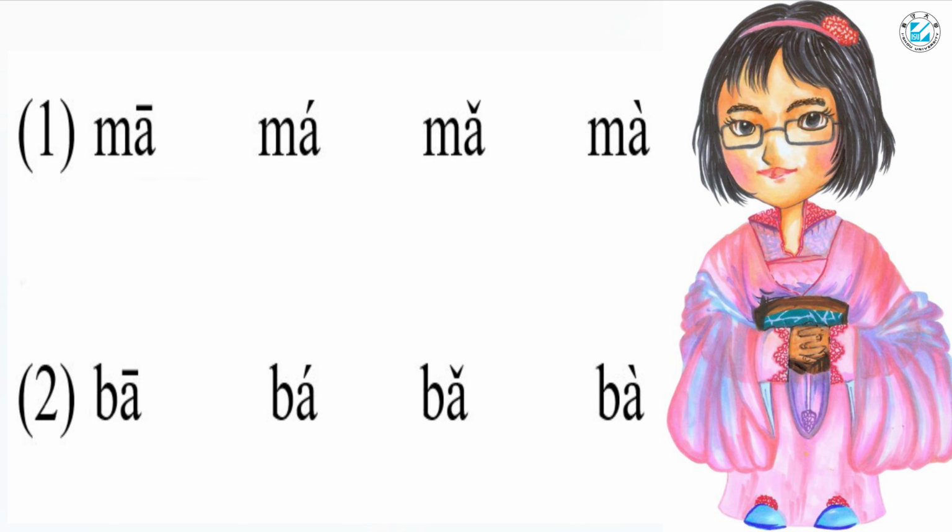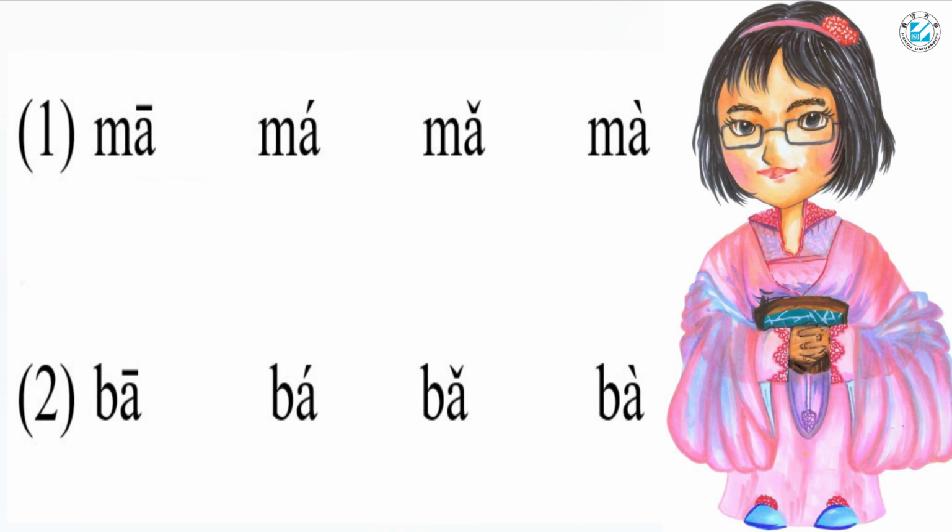Now, let's have a look. The basic ma sound and the ba sound. How should we do it? Okay? Ma, ma. Keep your pitch a little bit high and flat and still going for 3 seconds.